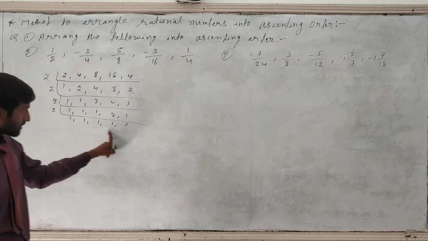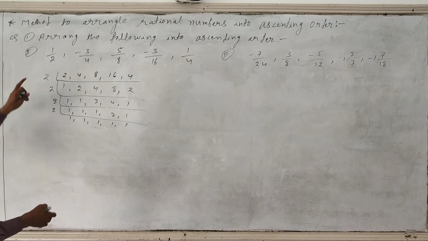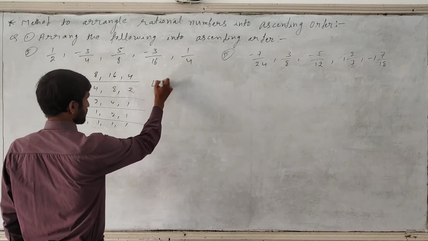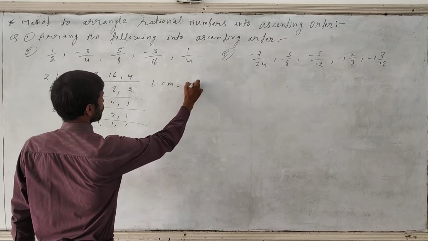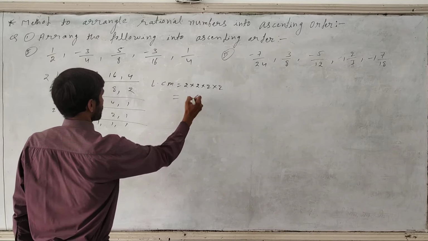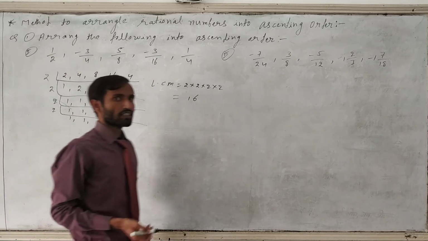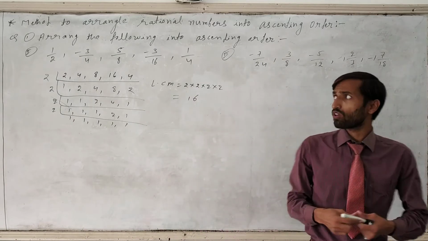Now each place has 1, so the division process is over. Now we multiply to get the LCM: 2 into 2 into 2 into 2, which is 16. So the LCM is 16.